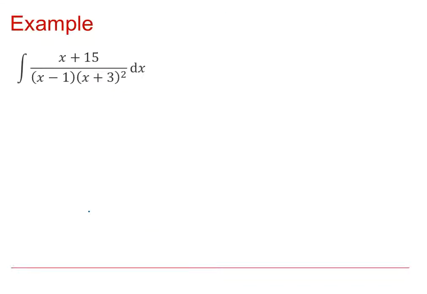So here we've got the integral of x plus 15 over x minus 1 times x plus 3 squared, which is a pretty tough integral to do. However, we have the advantage of knowing the partial fractions from a previous session, for this can be written in terms of x minus 1, the linear x plus 3, and the repeated x plus 3 squared.